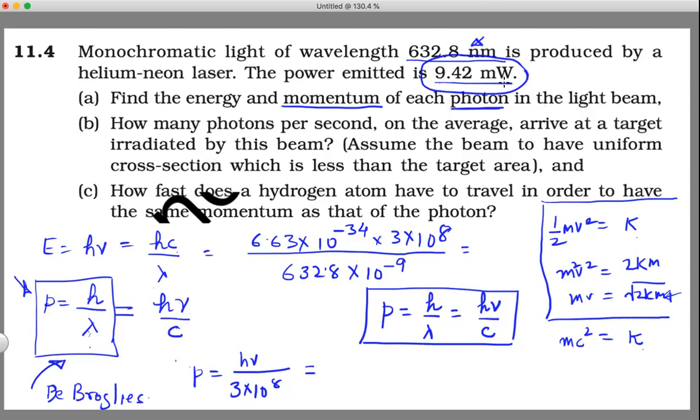This is the power, 9.42 into 10 raised to the power minus 3 watts. So energy delivered per second is 9.42 into 10 raised to the power minus 3 joules per second. We need to find the number of photons, so we divide it by the energy per photon.